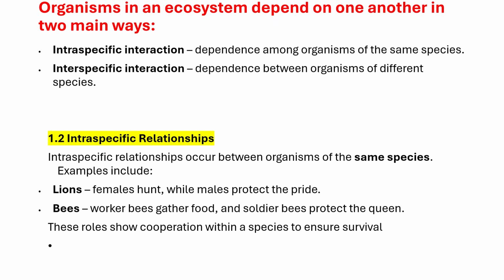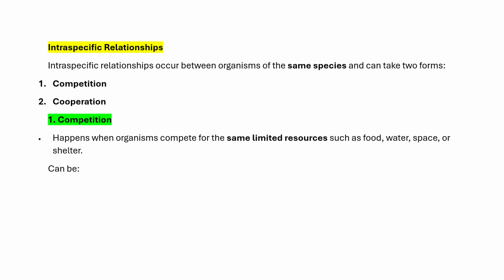Now you are going to see that interspecific relationships between organisms in the same space can take two forms. One form is competition, another is cooperation. Competition means they compete. The same species compete for resources such as food, water, space.